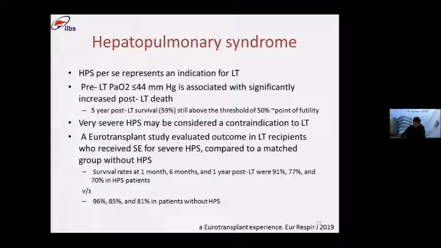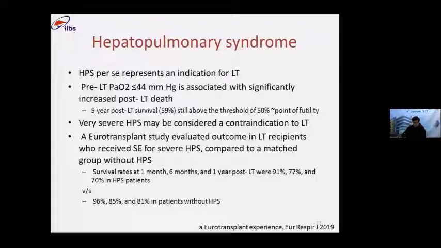So in the Eurotransplant study, this was the first study to convincingly prove that the MELD exception given to HPS patients does not over-prioritize them, and in fact the mortality rates are just matching.